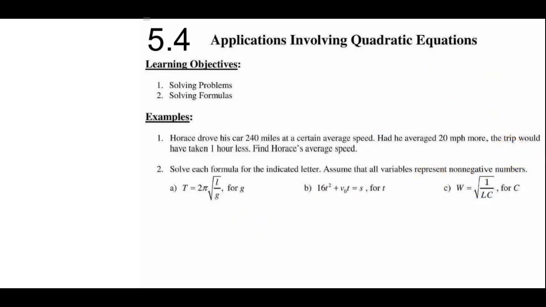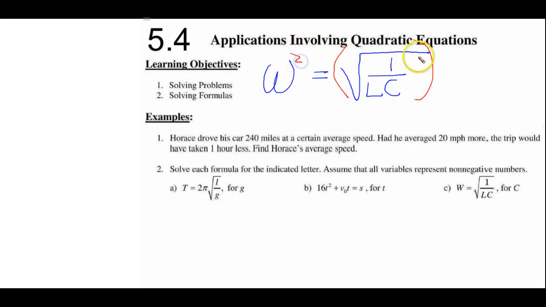All right, let's go on to the last one now. This one is, I'll write it big up here, W equals the square root of 1 over LC. Again, we want to get rid of the radical sign, so all we have to do is square both sides.